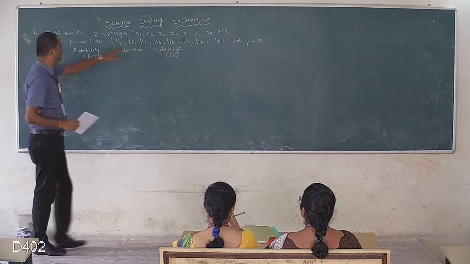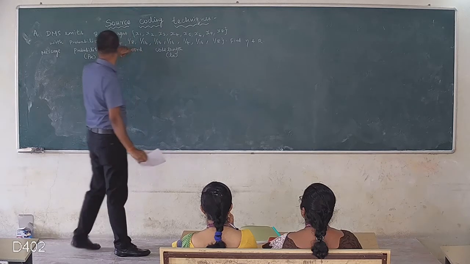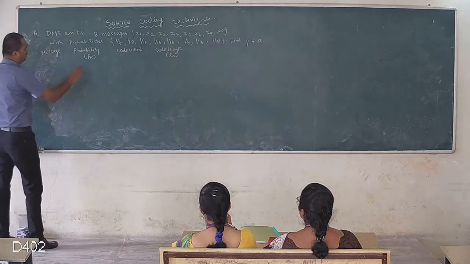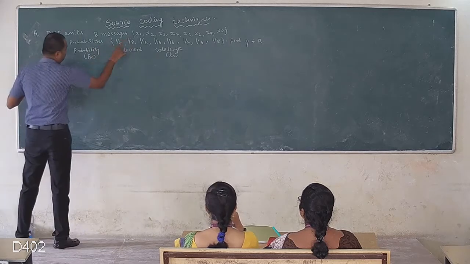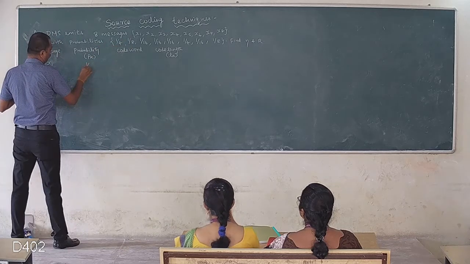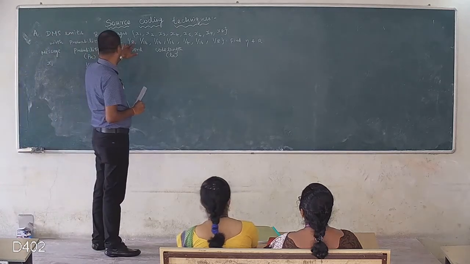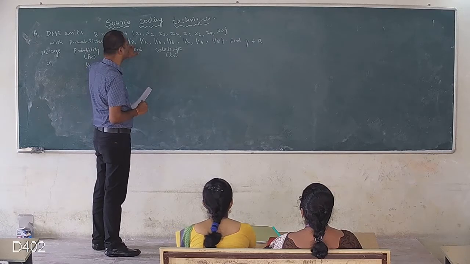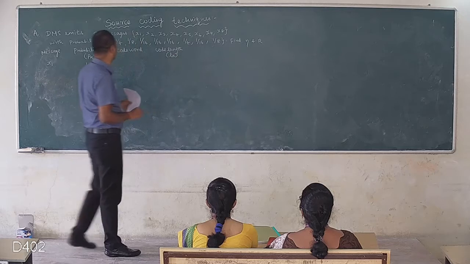If you look at it, the highest among all the probabilities is 1 by 4. So I write 1 by 4 first. That is for x1. So message x1 has probability 1 by 4. Then you have to look at the next highest one. After 1 by 4, you have 1 by 8 here and here. That means x2 and x8 will have 1 by 8.